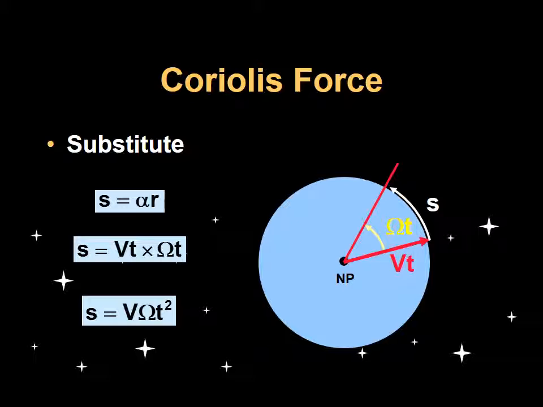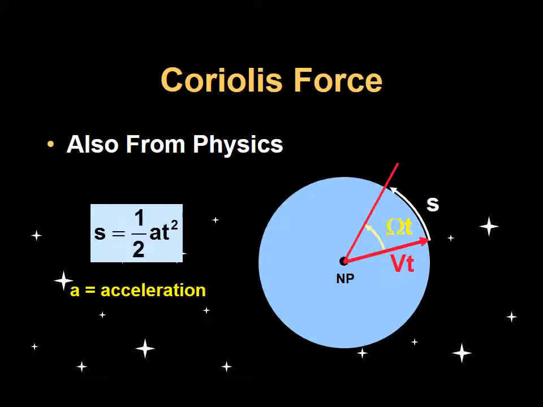And then we know that your r, the distance from the North Pole to the equator, is the velocity that the object is traveling over the Earth times time. So if we stick that into the equation, for r we'll use vt, for alpha we'll use omega t, and when we multiply those together, our arc length is now the velocity times the angular rotation of the Earth times the time squared.